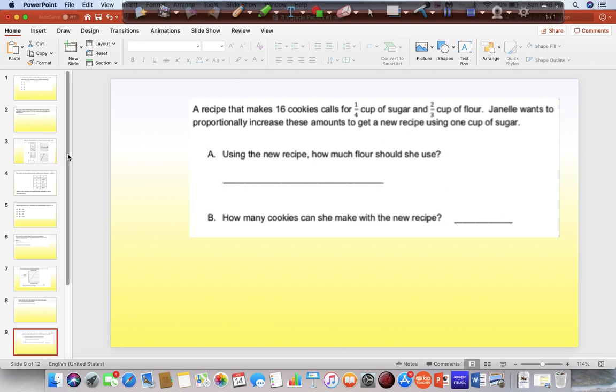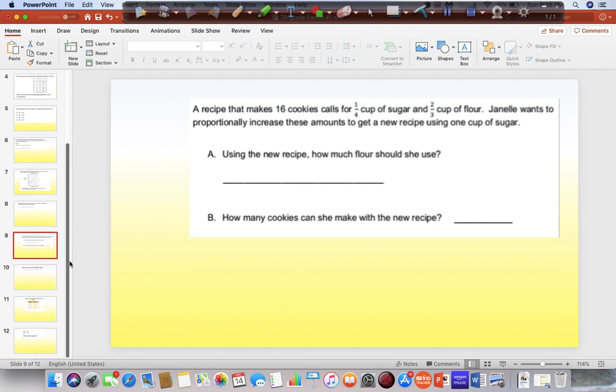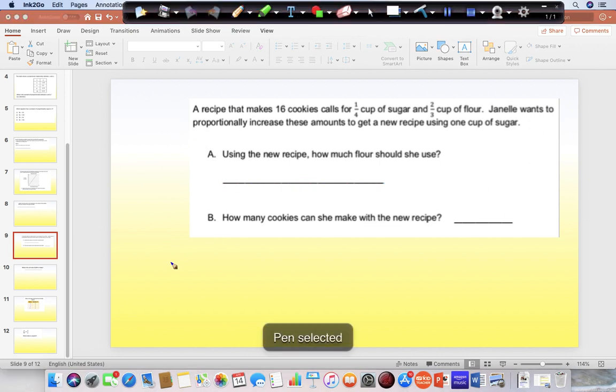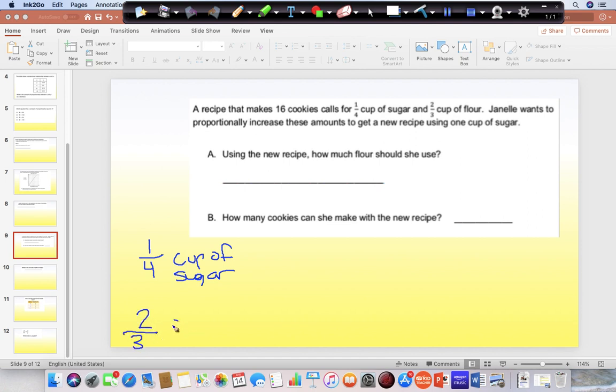Okay, this says a recipe that makes 16 cookies calls for 1/4 cup of sugar and 2/3 cup of flour. So 1/4 cup of sugar and 2/3 cup of flour.